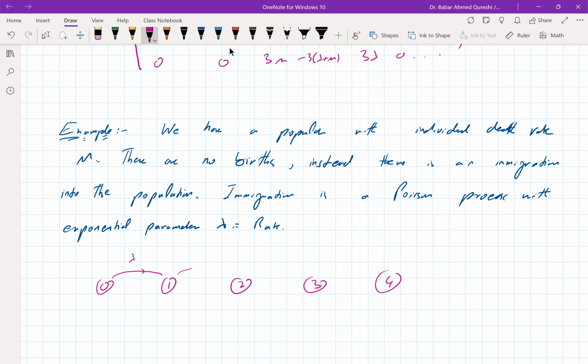If you're at 1, again, you have a constant rate of immigration into the population. While if you are here, you have a rate mu of dying, but this rate, just like in the previous example, is twice because you have 2 people.